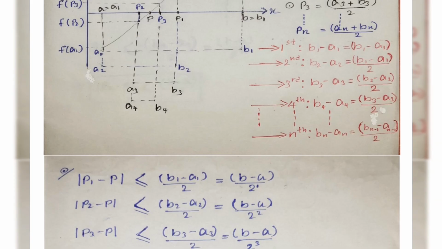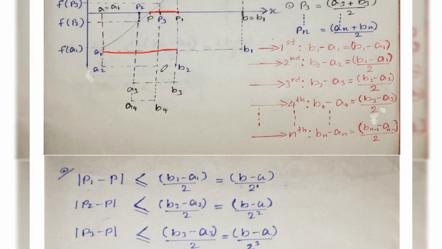Now I am going to get an inequality by using our root p, the midpoints, and the intervals of each iteration. Our first midpoint was p1. Therefore the absolute value of p1 minus p, this distance, is less than or equal to (b1 - a1) over 2. It is this distance.